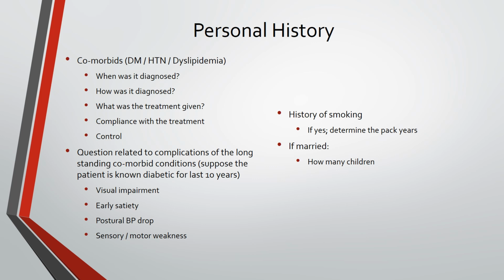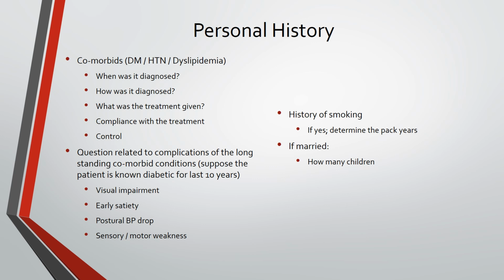The next step in history taking is to elicit a detailed personal history, which will include questions about comorbidities, such as, in the case of ischemic heart disease, diabetes mellitus, hypertension, or dyslipidemia.